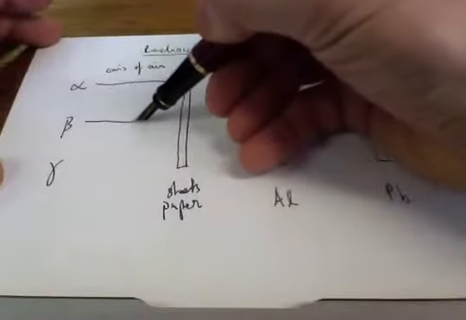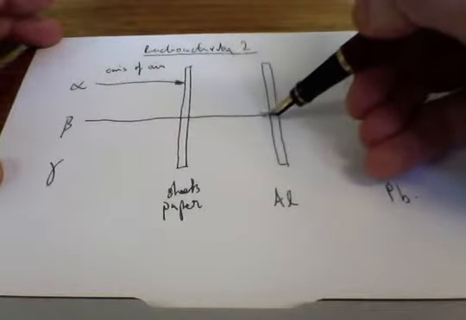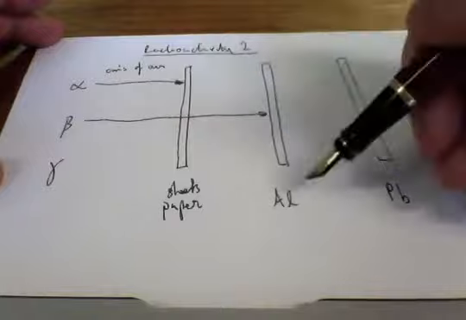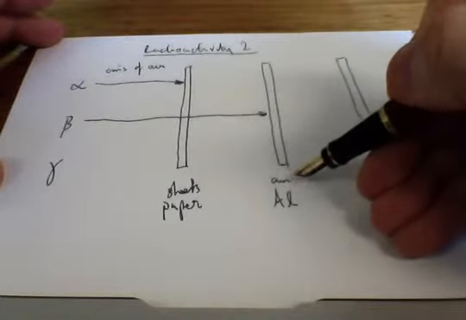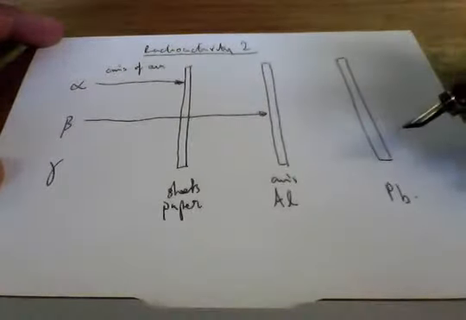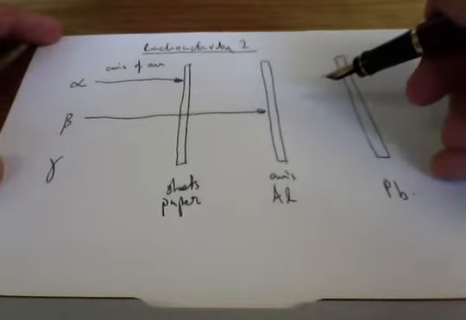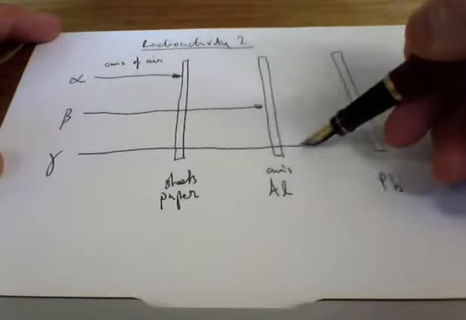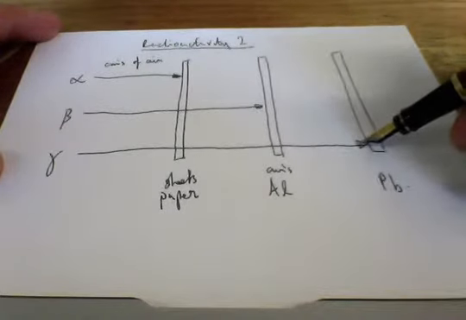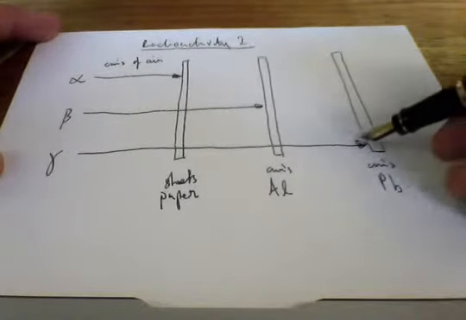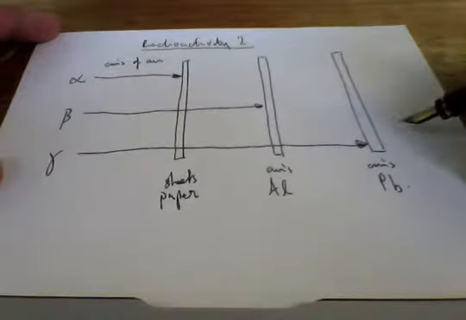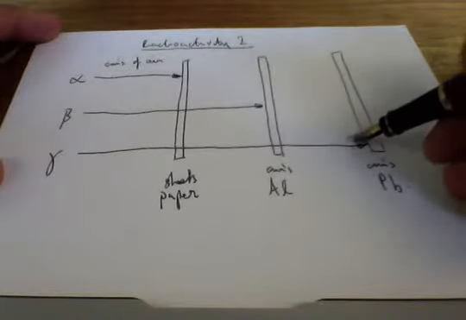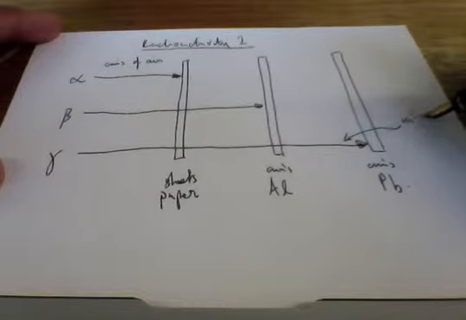Beta is a bit more successful, it's able to go through paper, but usually what we talk about in stopping it is aluminium. A few centimeters of aluminium will stop all beta particles from going through. It gets absorbed by it. Gamma, however, can go through the paper and the aluminium quite happily, and will get stopped by a few centimeters of lead, or we might talk about a few meters of concrete.